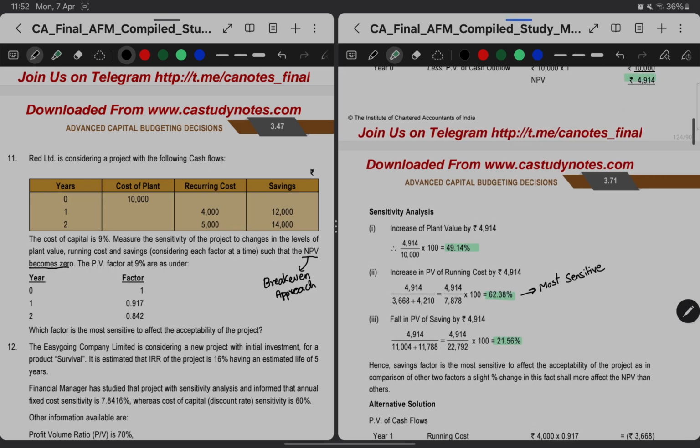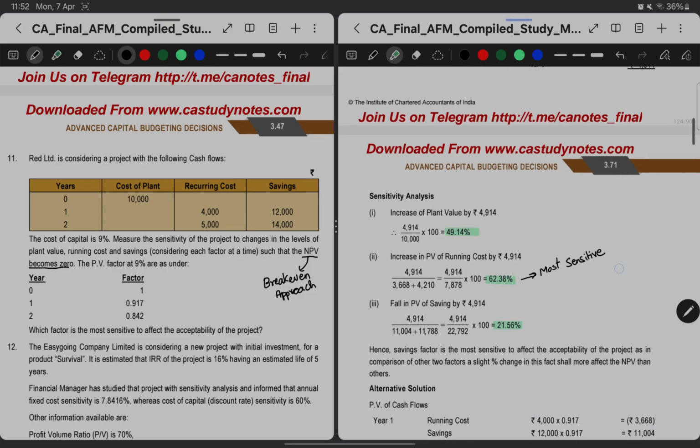Out of these three sensitivities, running cost requires 62% change, and plant value requires 49%, but savings require just 21% change.